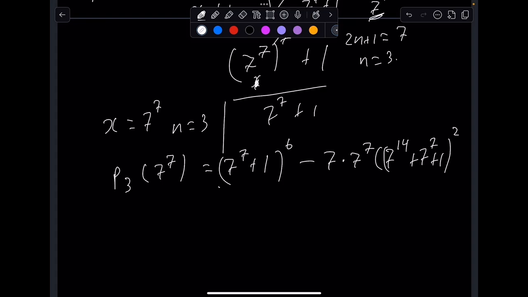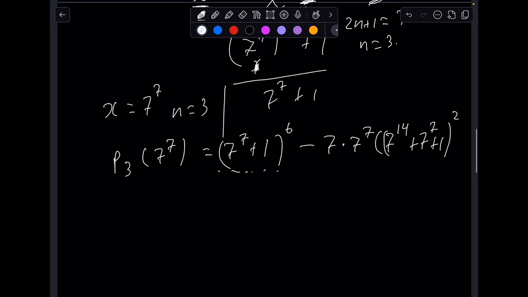Now, I'm guessing using the same logic, we have to find the difference of two squares. So let's sort this bracket out first. If you want this all as a square, we can take out 7 to the 7 plus 1 cubed and then square all of that, right?